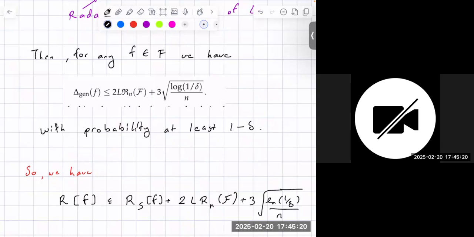So you get to pick delta: how sure you want to be about your generalization gap estimate? Let's say you want to be 90% sure, and your delta is that one. Okay, so pick that. And then you also use some number of data points in your training. This is this part. Okay, and this is a bound on your generalization gap.